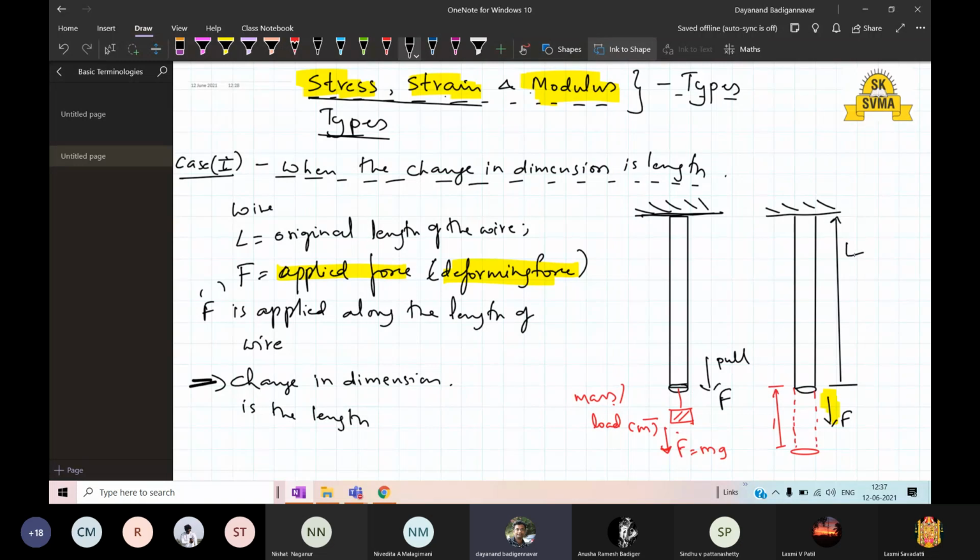The original length was L. By the application of the force, the length has increased to L plus X. Therefore the new length is L plus X.